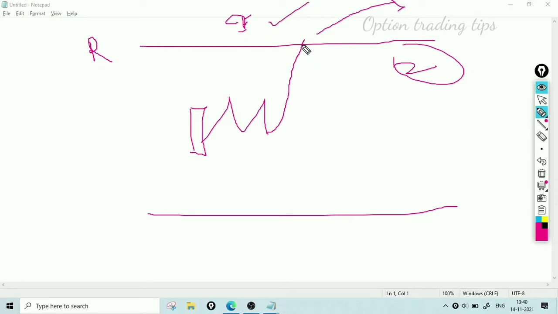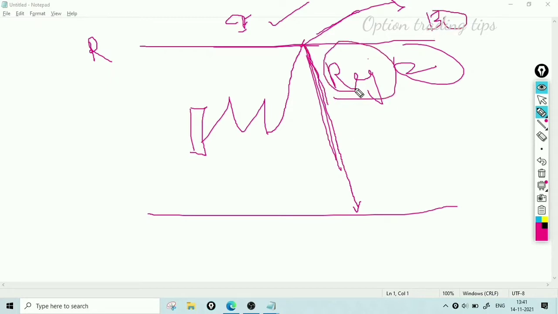If the sellers are active, the candles are rejected from this horizontal line, change the trend and move to the nearest support. It is called rejection. So if it breaks the line and goes upside, it is breakout. If it fails to break and the market reverses, it is rejection. Based on this rejection, we enter a put option.